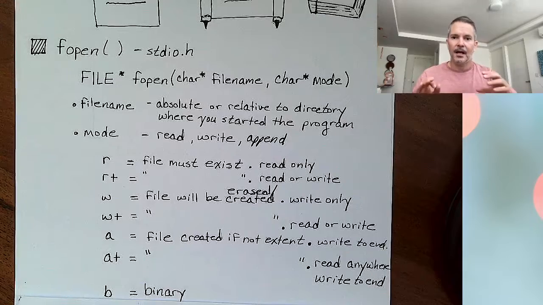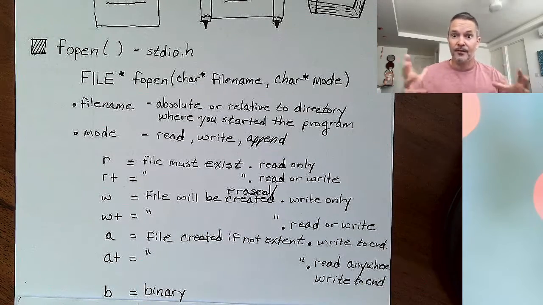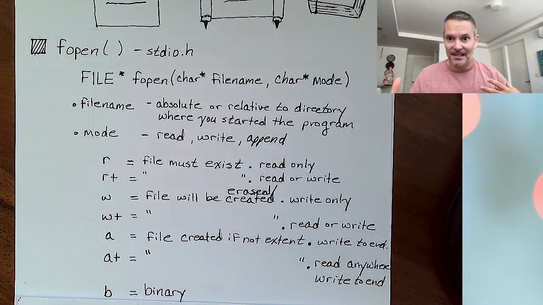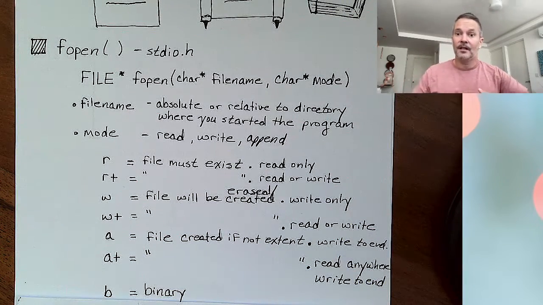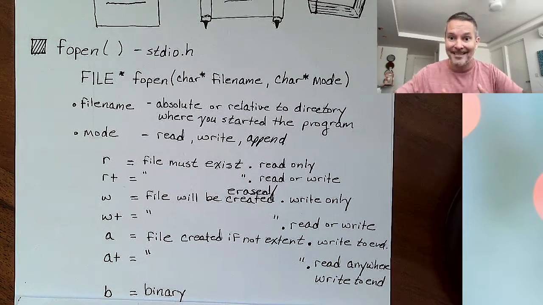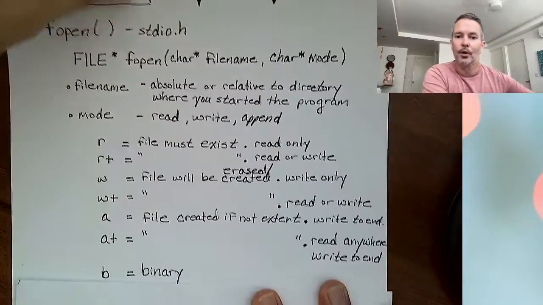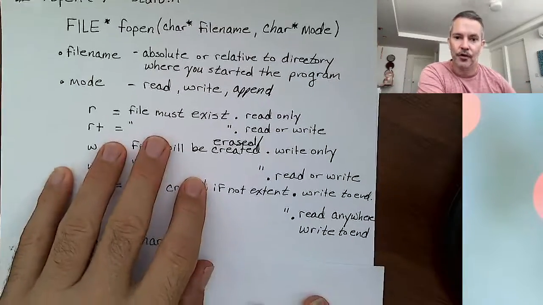Now, keep in mind, if I'm opening a file, there's a couple different possibilities. Maybe the file already exists. Maybe it doesn't exist. So what do I want the computer to do if I ask it to open a file, but that file doesn't exist? Well, this is what the mode is going to describe.